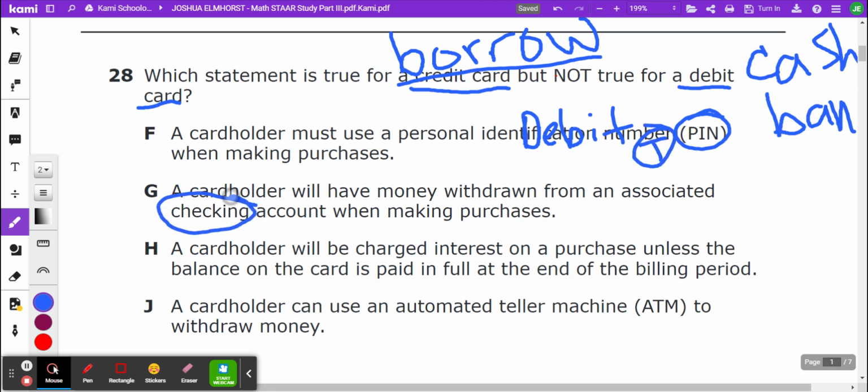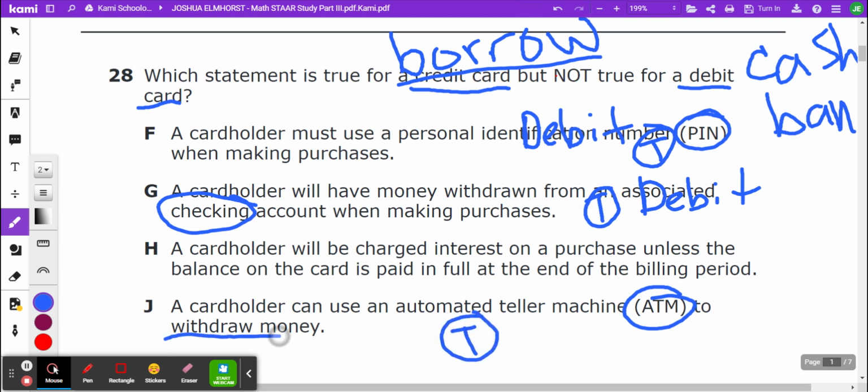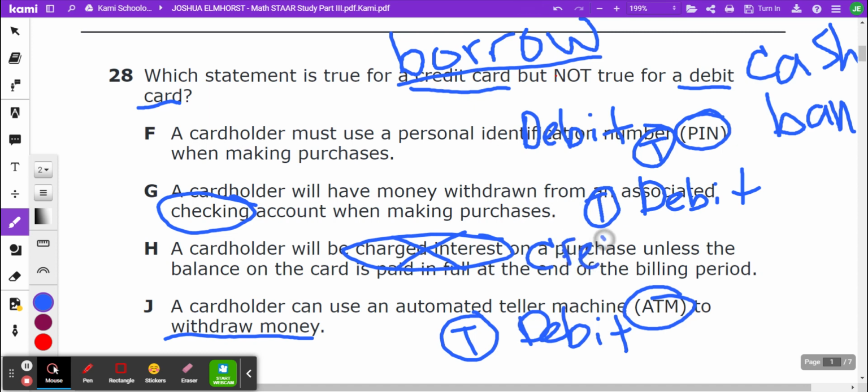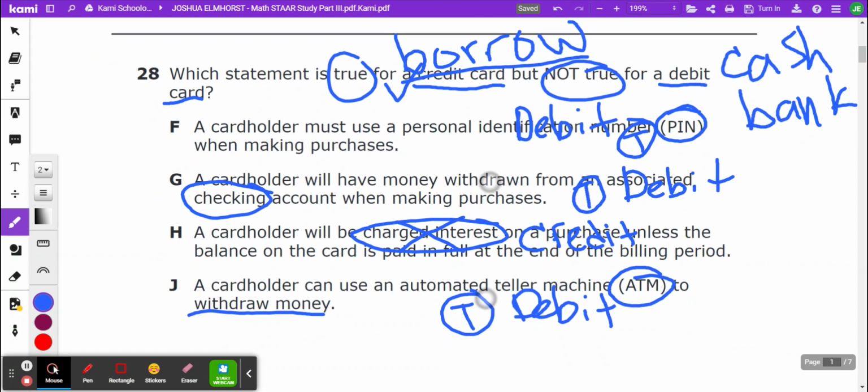Money withdrawn from a checking account. That is true. That comes from a debit card. The ATM is true for a debit card. You're going to take out cash from your account. Now, debit cards are not going to charge interest. Charging interest is only for credit cards. Okay, that is true for a credit card, but is not true for a debit card.